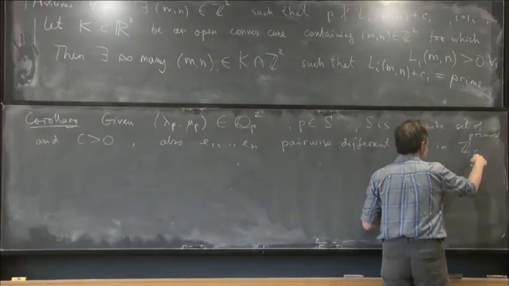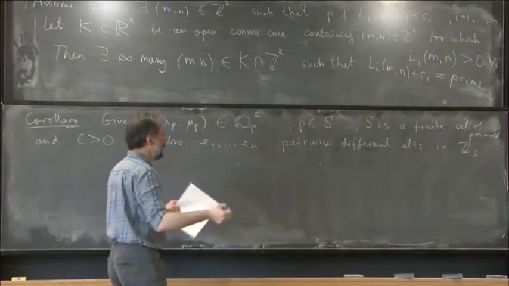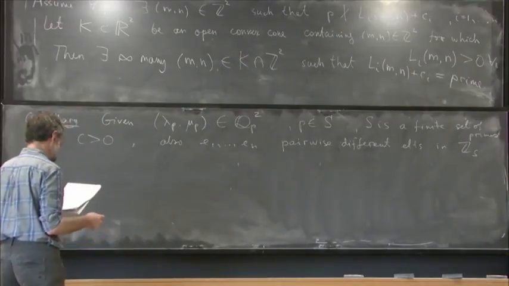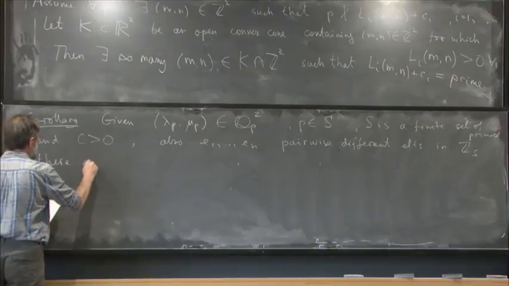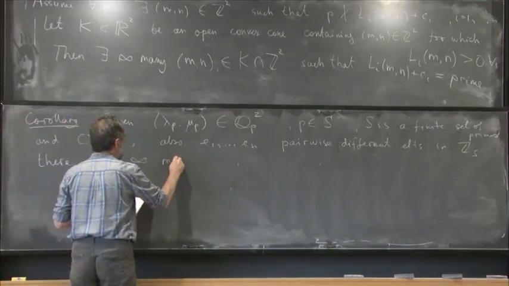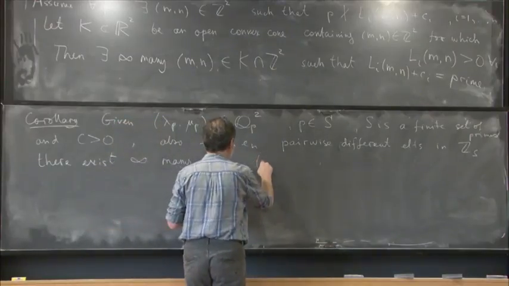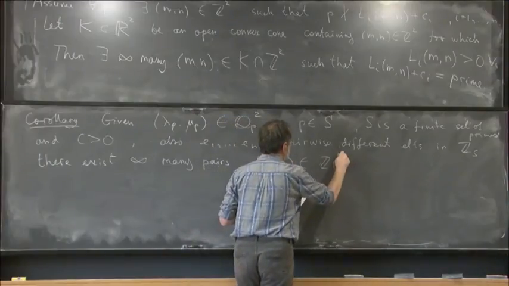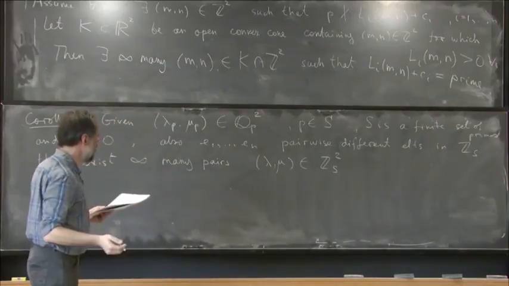So this is Z localized in S. We allow denominators which are products of primes from S. And then the conclusion is there exist infinitely many pairs of integers, basically. Again, we allow denominators in S.